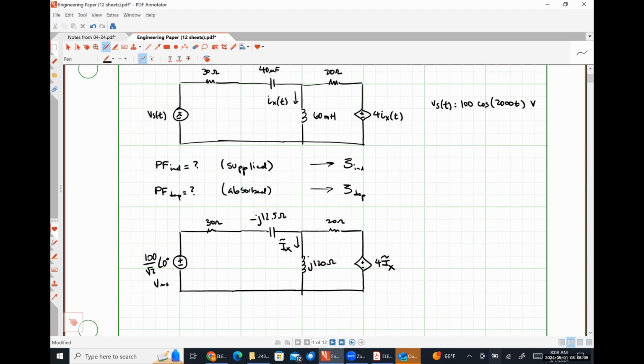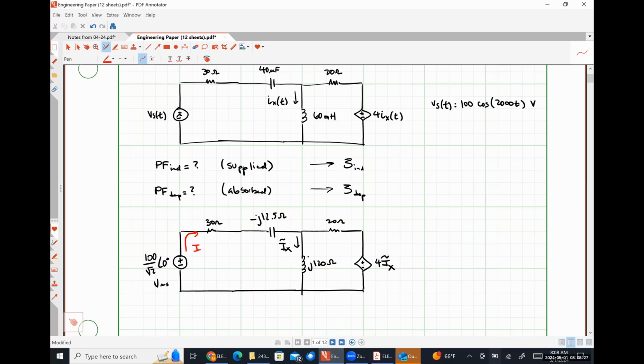All right, so let's sort some things out here really quickly, okay? In order for us to find the complex power that is being supplied by our independent voltage source, we are going to need to figure out what this current is.